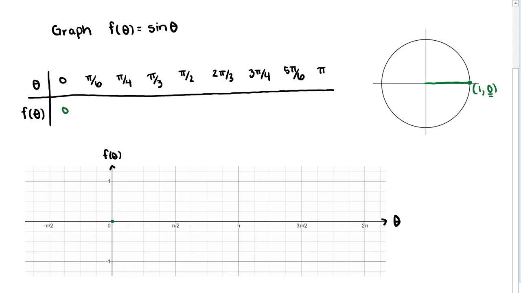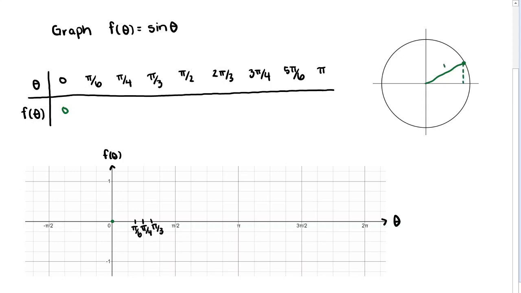Here, I don't have pi over 6 labeled. Maybe I'll put it in now. So here's pi over 6, here's pi over 4, and here's pi over 3. Let's look at the output values corresponding to these angles. So pi over 6, that's a 30-60-90 triangle on the unit circle.